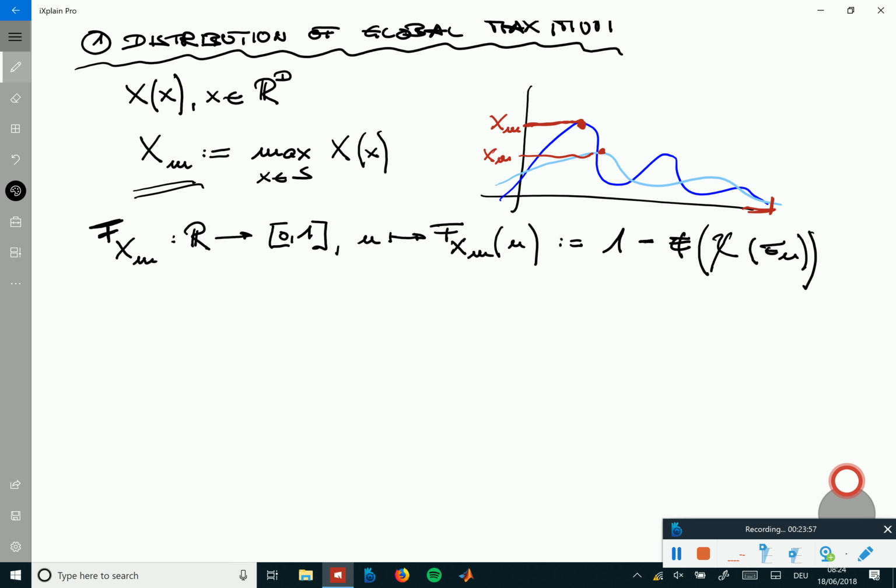Then for a given voxel you have a given value that you can put in here, and SPM evaluates 1 minus the expected Euler characteristic, and this is how you get your p-value. Why this is a good idea, again, we have to discuss at length, but for the moment we want to discuss how it comes about, what the idea behind this is.